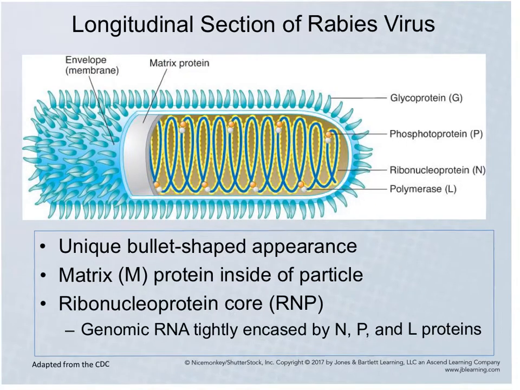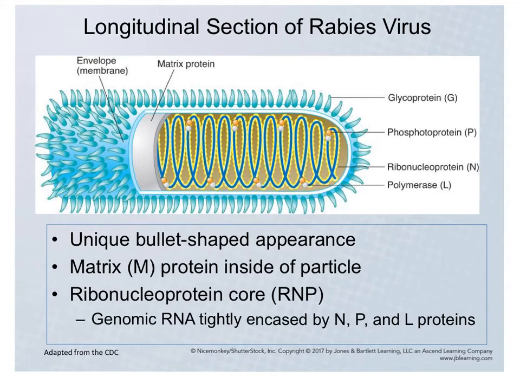Looking at a little more detail of the structure of the rabies virus, in this bullet-shaped appearance, as in this cutaway, we can see that there is a lipid bilayer, and that lipid bilayer contains the envelope spike proteins on the outside of the virion. But if we look on the inside, just underneath the plasma membrane, what we find is that these viruses within this order utilize a matrix protein.